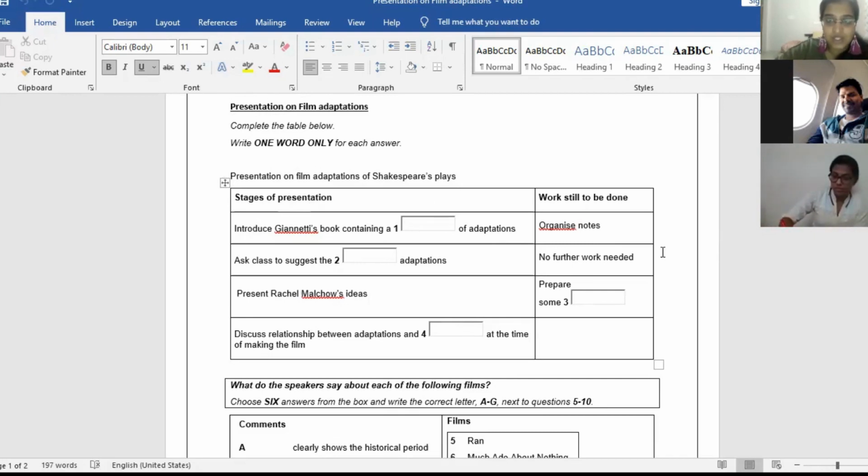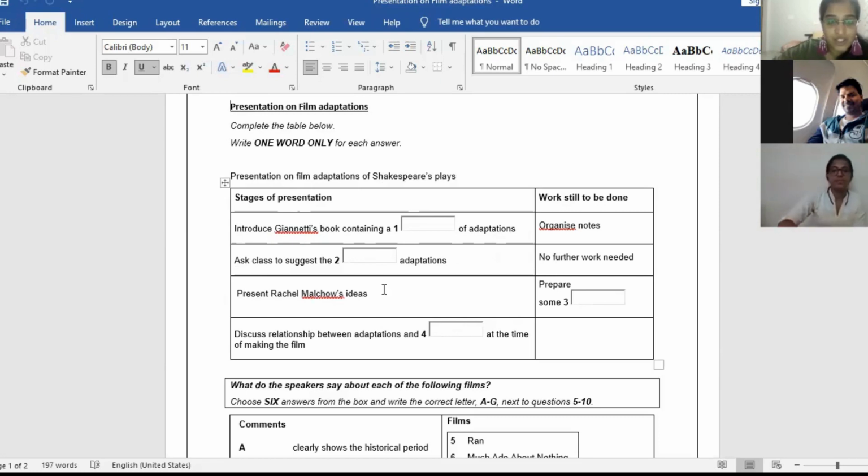Stages of presentation and work still to be done. So there are 2 columns. Introduce Gainety's book containing a dash of adaptations. Work still needs to be done is organize the notes. What is the next stage of presentation? Ask class to suggest the dash adaptations. Work that needs to be done, no further work needed. That's clear.